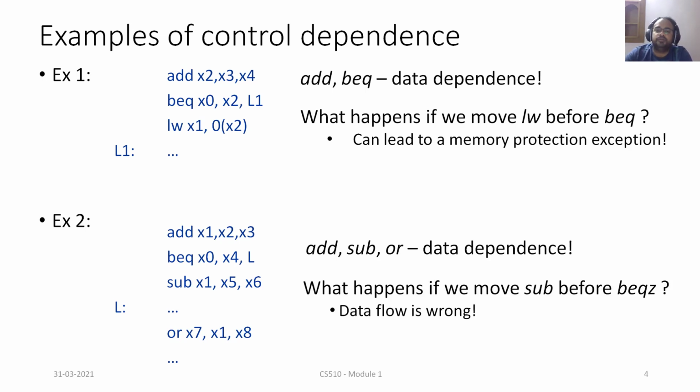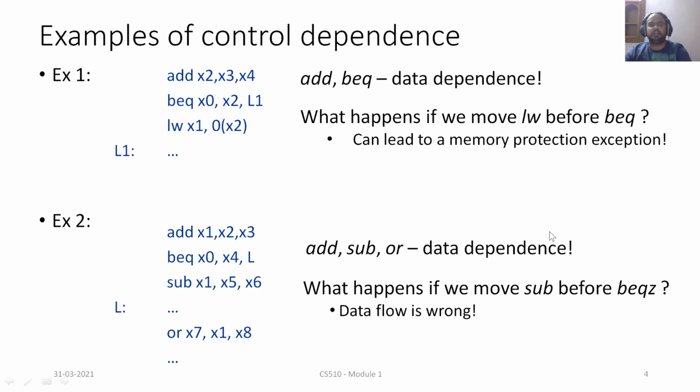If we overlook that and move the subtract instruction before the BEQ, it can potentially result in wrong data flow, meaning your program can give a wrong, undesirable result. So again, this is an example of control dependence where the dependency is not so apparent, like in example 1, because the register values are quite different.